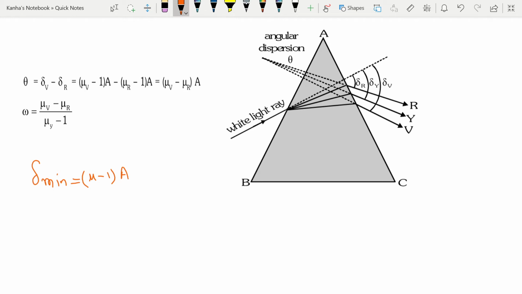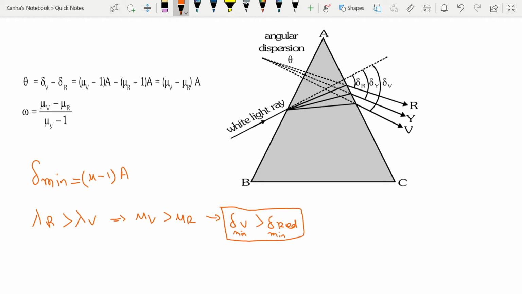Then because lambda of red is greater than lambda of violet, I easily have that mu of violet is greater than mu of red, which we described in the last section as delta of violet is greater than delta of red, or delta minimum of violet is greater than delta minimum of red.